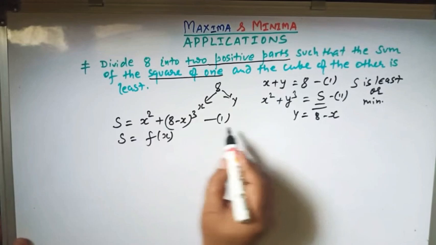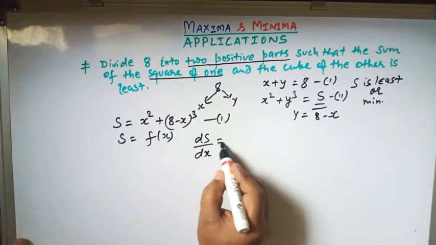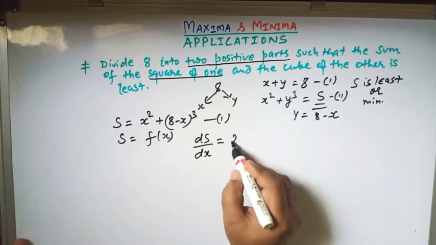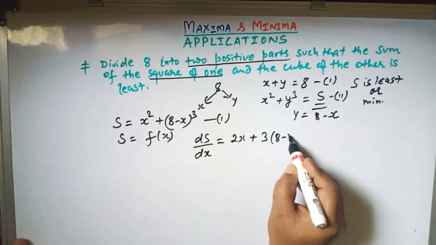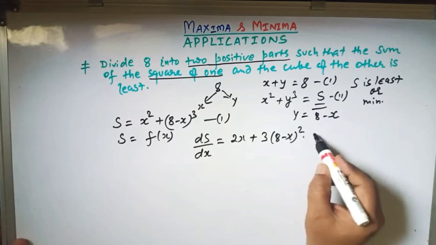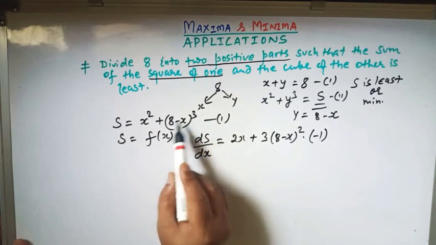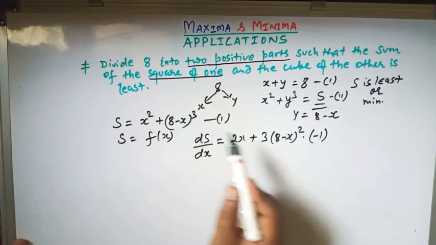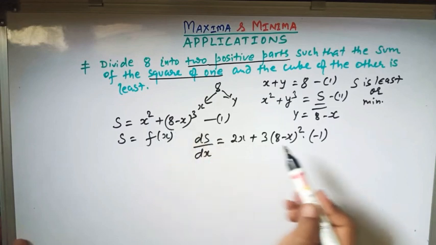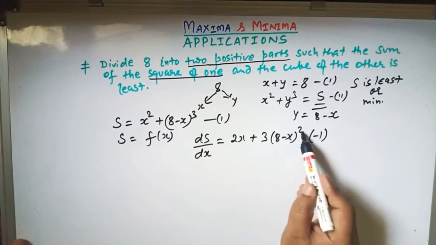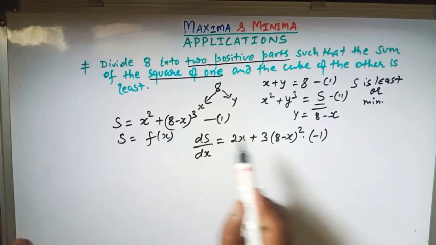Now we differentiate, so we have ds over dx. This is 2x, plus 3 times 8 minus x square multiplied by minus 1. Because the derivative of 8 minus x cube, first we apply the formula for x raised to n, so we have 3 times 8 minus x square, then by chain rule the derivative of 8 minus x is minus 1.